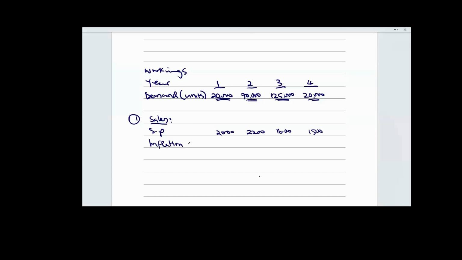Inflation. Examiner has told us that inflation on selling price is 5%. Therefore, I would then say 1.05, 1.05, 1.05, 1.05. You remember when I was giving you notes on inflation, under the general rules, I told you to note the following.